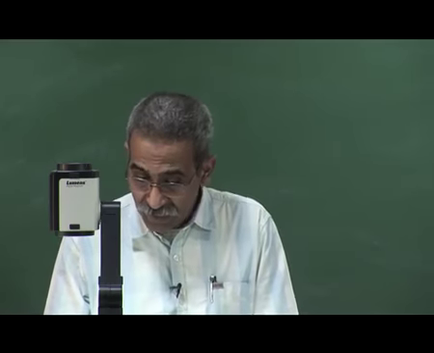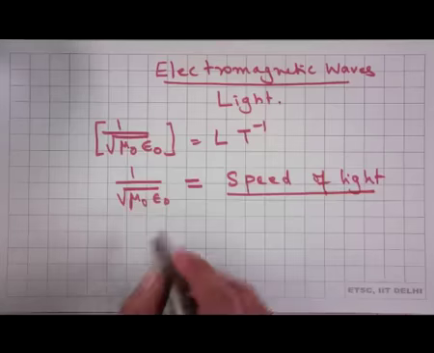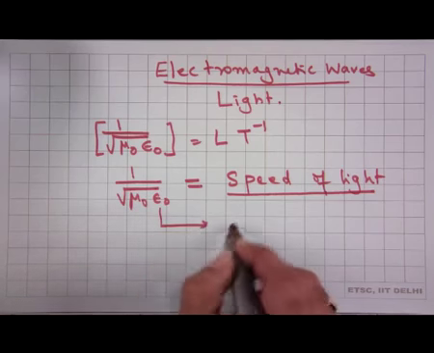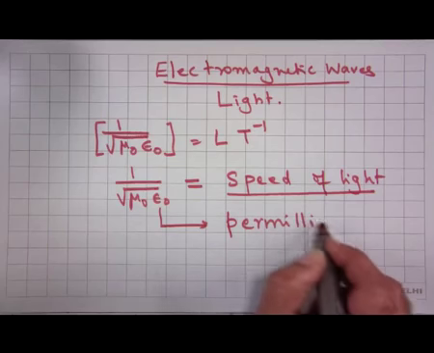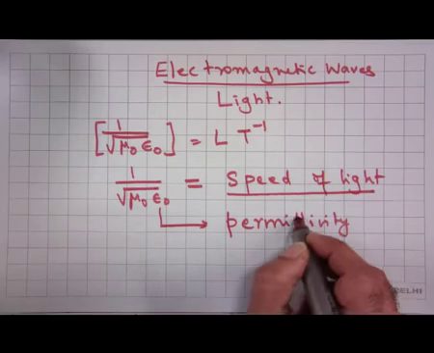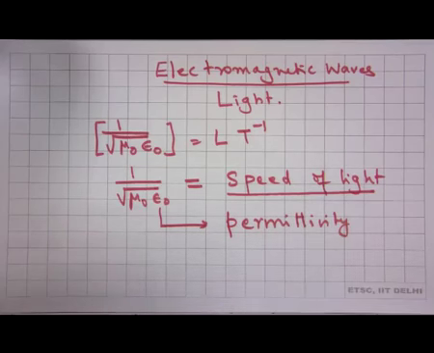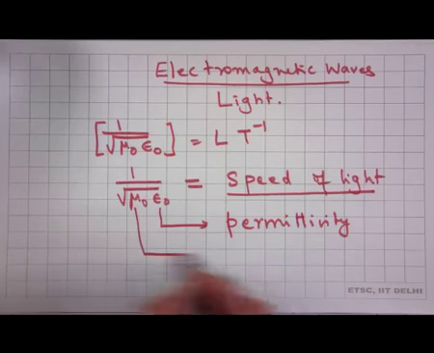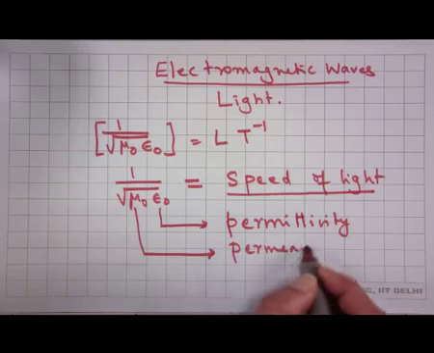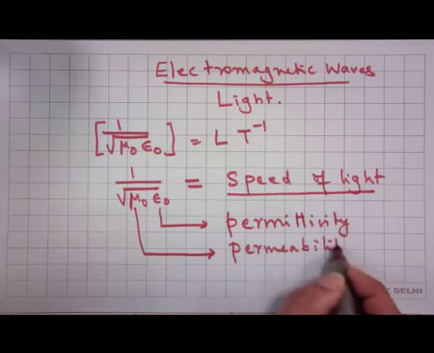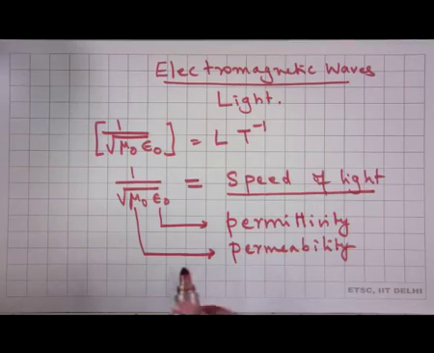And if you remember, there are 2 parameters that are sitting here. This is my permittivity, the free space permittivity, which corresponds to the electric field, and this is my permeability.